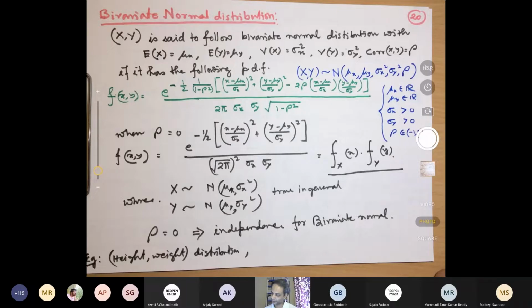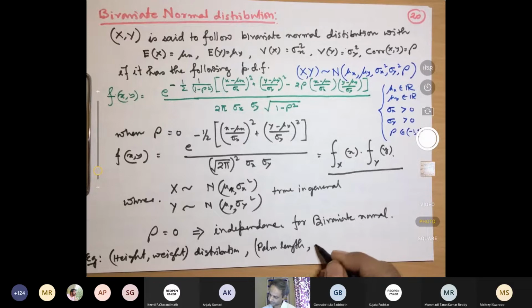It can also be, say, this is one common thing: if you measure the length of your hand, that is the same as the palm length from here to here. So your palm length and your height.